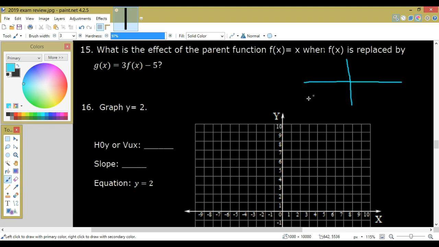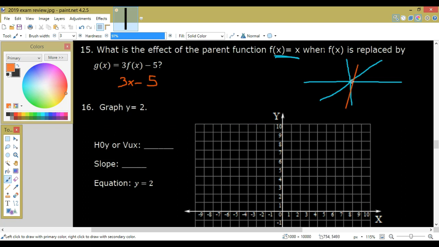If we were to graph that, the line would look kind of like this. G of x, since f of x equals x, we just have to put 3x minus 5. If you're to graph that one on the calculator, it would look more like this.